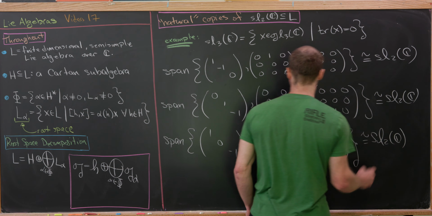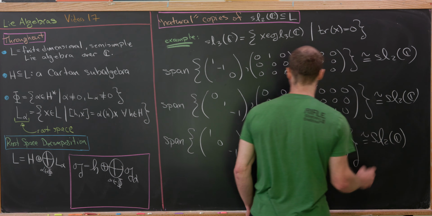Given alpha is a root, in other words, it's in this capital Phi, that means that there exists a non-zero vector x inside of L alpha. Since it's inside of L alpha, that means that the bracket of h with x is equal to alpha evaluated at h times x, for all h inside of that Cartan subalgebra. Remember, we fixed everything over here.